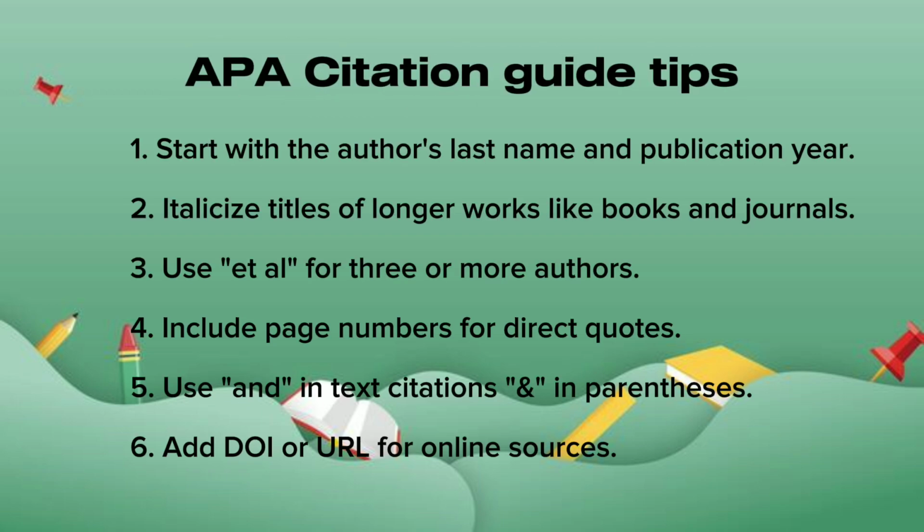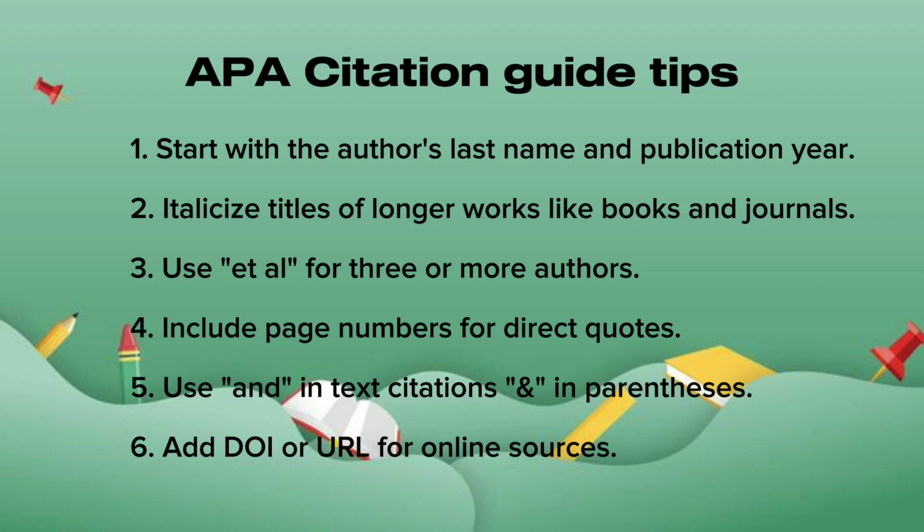APA citation guide tips. First, start with the author's last name and publication year. Second, italicize titles of longer works like books and journals. Third, use et al. for three or more authors. Fourth, include page numbers for direct quotes. Fifth, use ampersand in parenthetical citations and "and" in in-text citations.